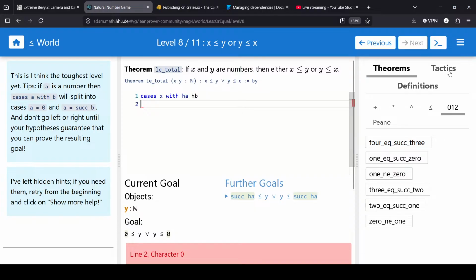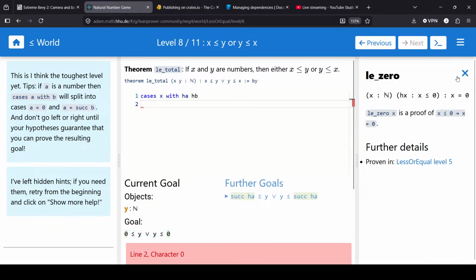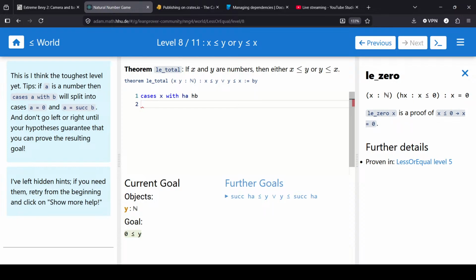So if I have... Okay, hold on. Let's think this through. So if I go 0... If I do LE 0, then I can prove the left one. Oh wait, no. I can prove the right one.